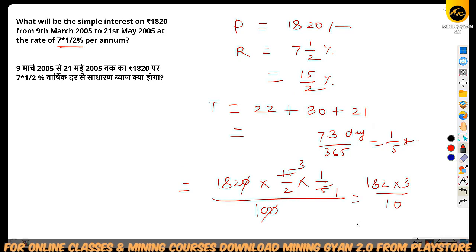So just multiply 182 into 3. It will be 546, divided by 10.